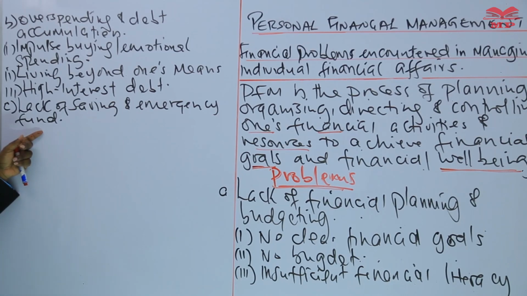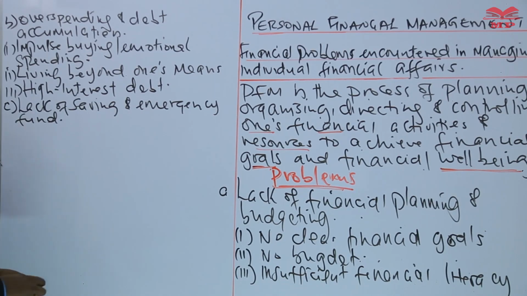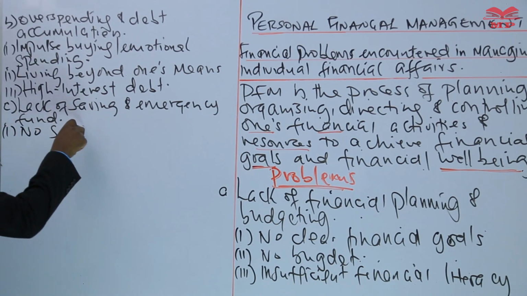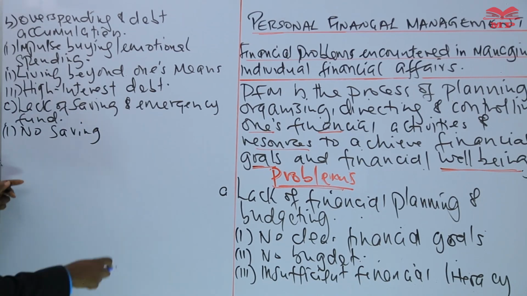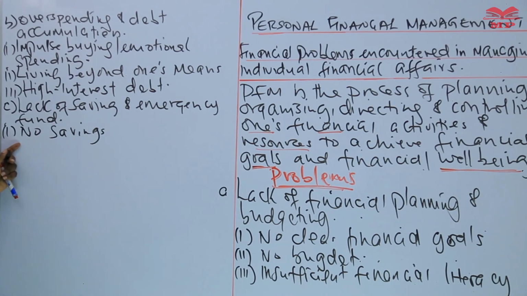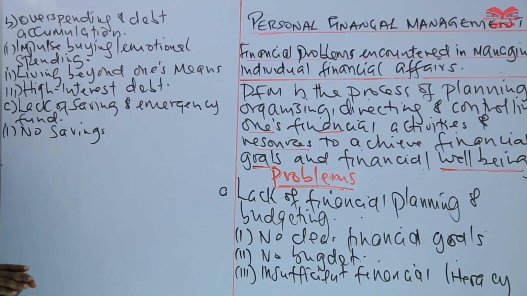First point under that is not saving. Having no savings. Not having a sufficient amount of savings can leave individuals vulnerable to unexpected expenses and financial emergencies.